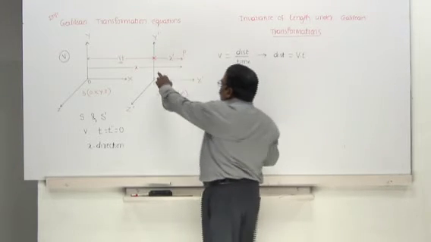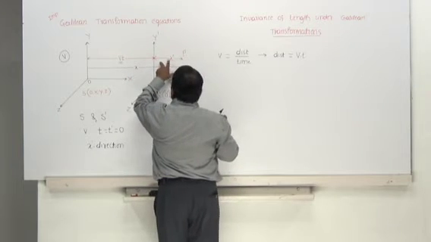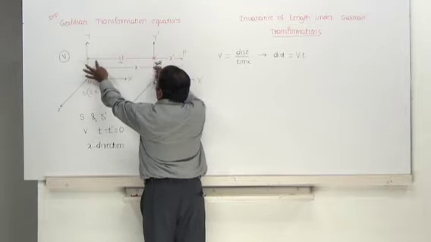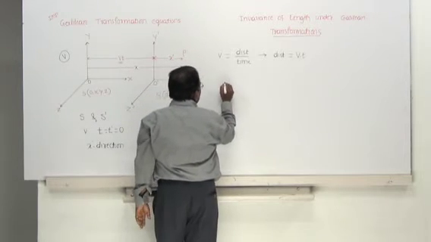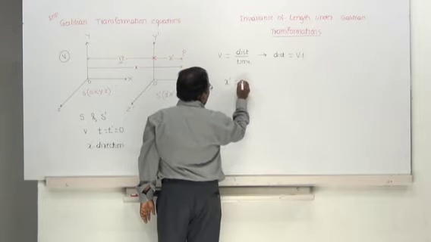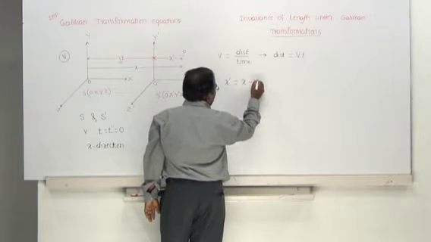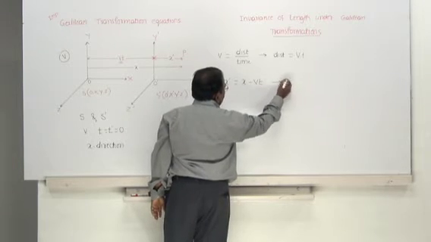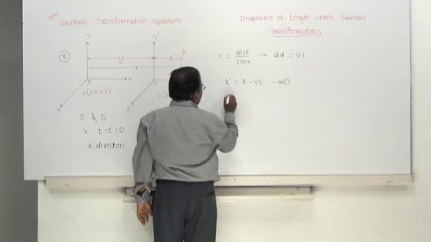Then from the figure it is clear that X dash is equal to X minus Vt. You call this equation 1. What about Y dash?